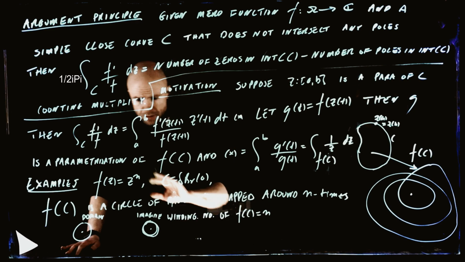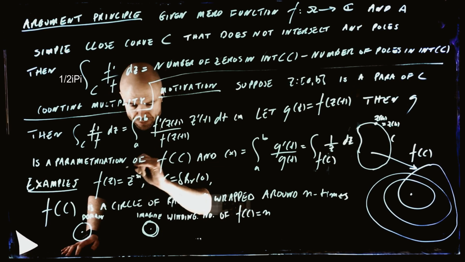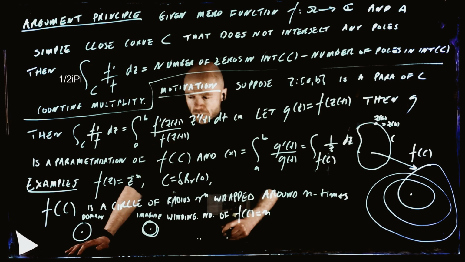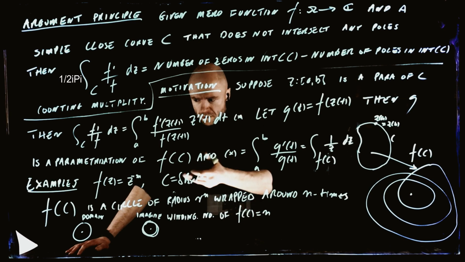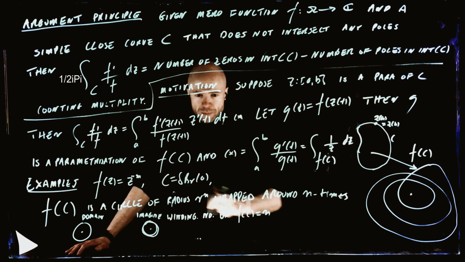Cool. Let's change the example a little bit. Let's do minus m. Now, show me with your finger what the image of the circle is under this mapping.